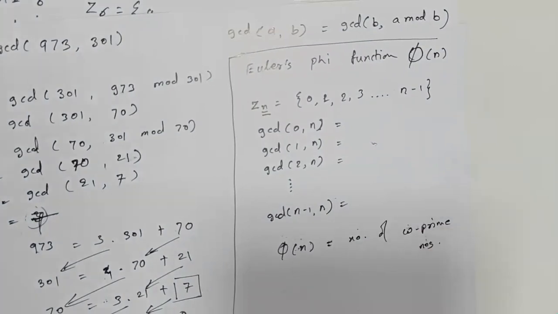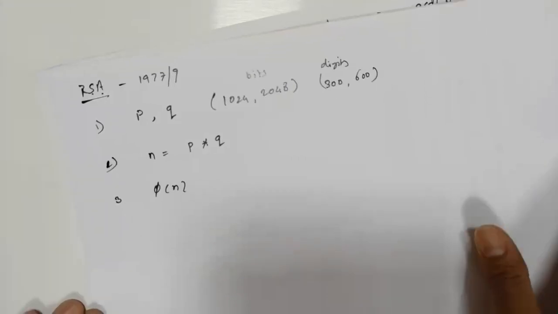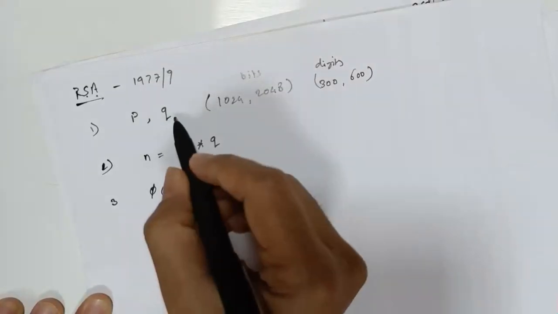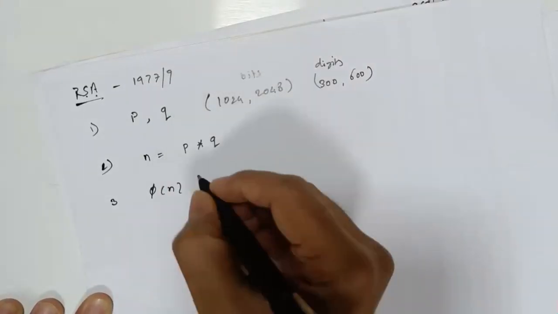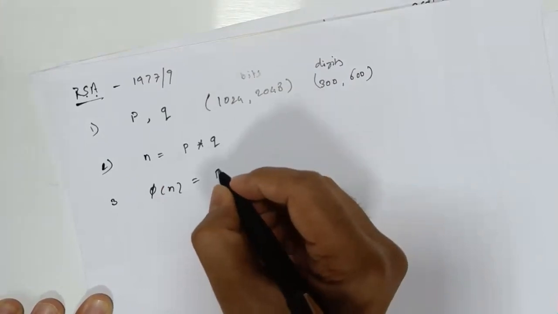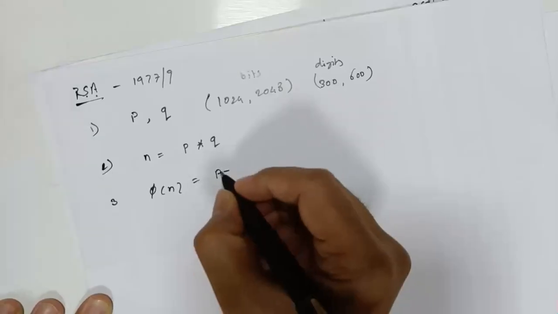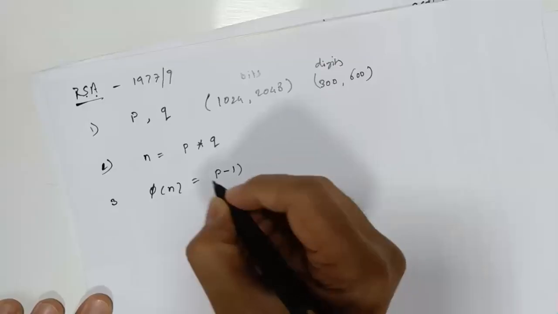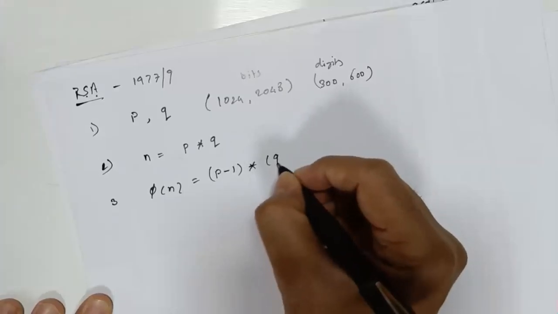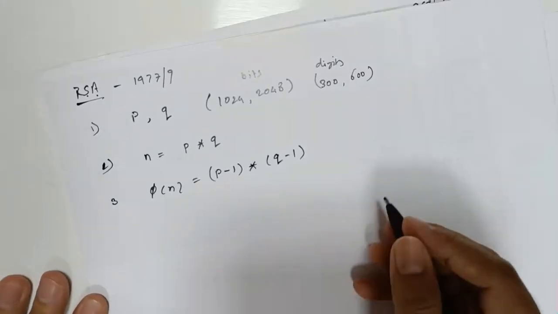So here you have to calculate phi of n, and as you know that these are prime numbers, the phi of n is very simple. Phi of p is p minus 1, and phi of q is q minus 1. Any doubt here?